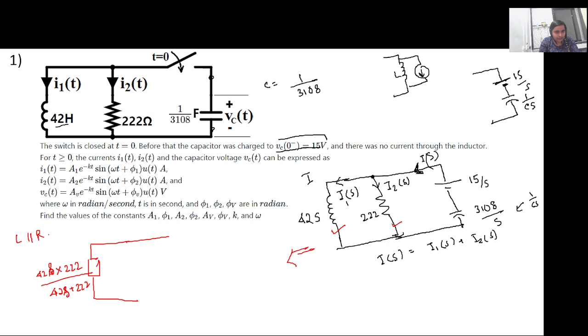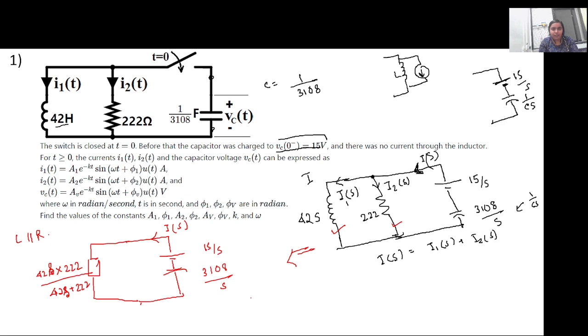Then there is a voltage source and a capacitor. So this is 15 by S and this is 3108 by S. Now this is the current I(S) that was flowing. Now we have one single loop to solve.